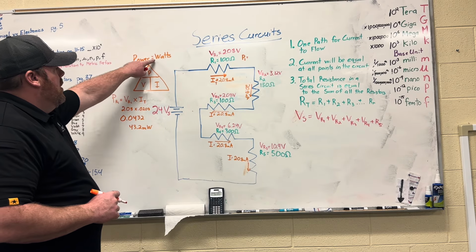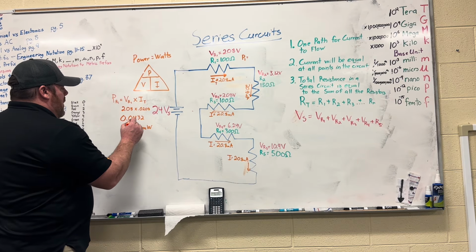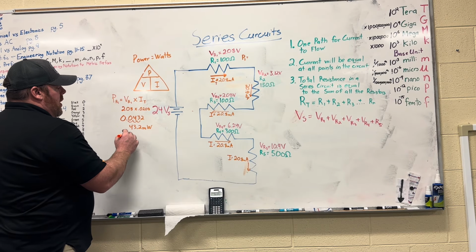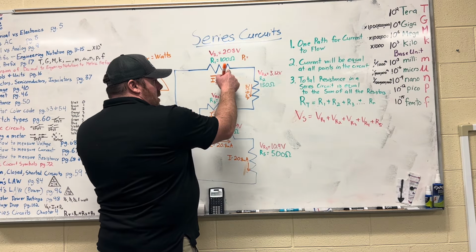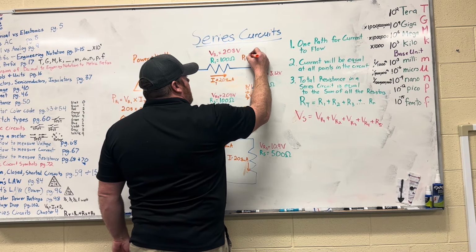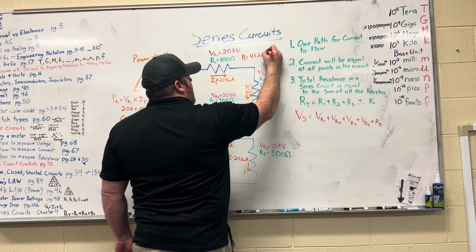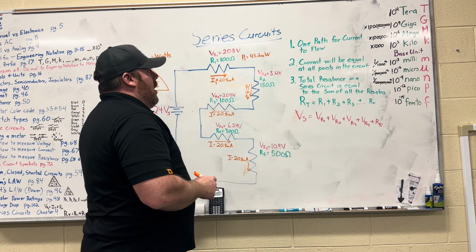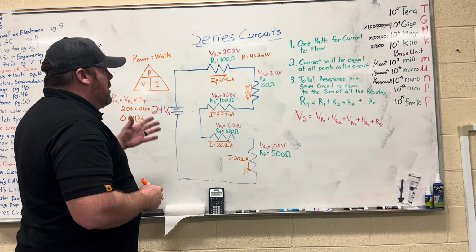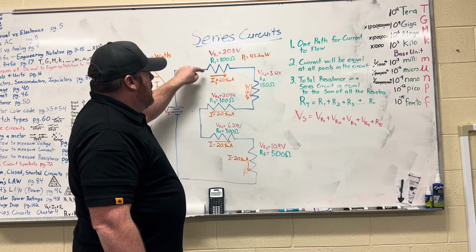Power is in watts, that's the W. We move the decimal 3 times, it's a smaller number, so this is going to be 43.2 milliwatts. So the power consumed by this individual resistor is 43.2 milliwatts. Remember, we're looking at only this resistor, just focusing on the values right here.